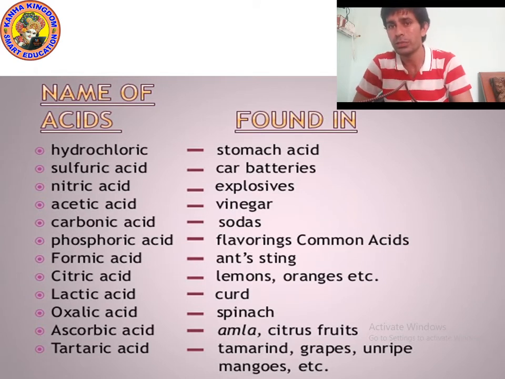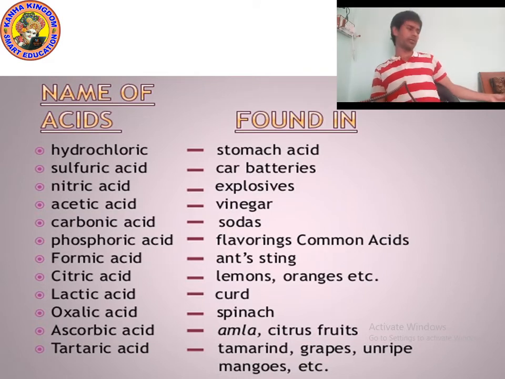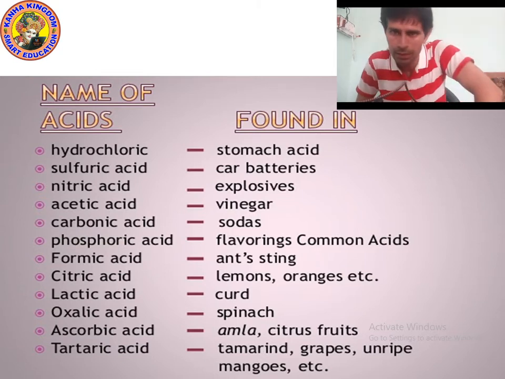So stomach acid, which is the stomach acid? Hydrochloric acid. Battery of car, which acid is present in the battery of a car? Sulfuric acid. Sulfuric acid is present in car batteries.